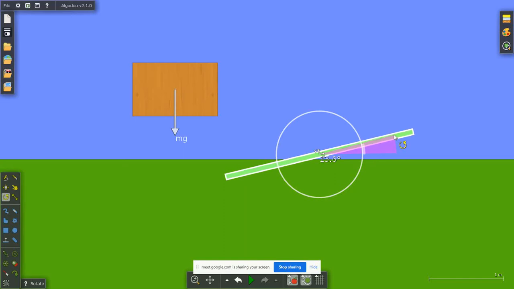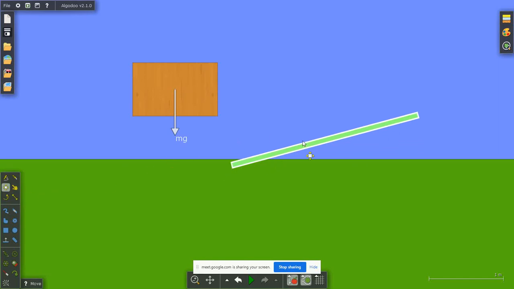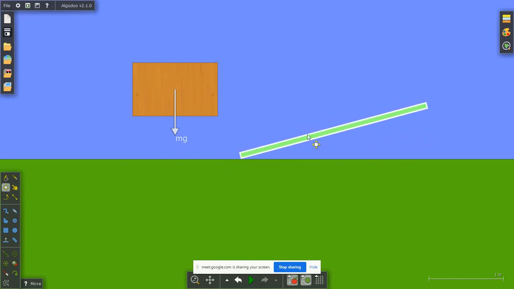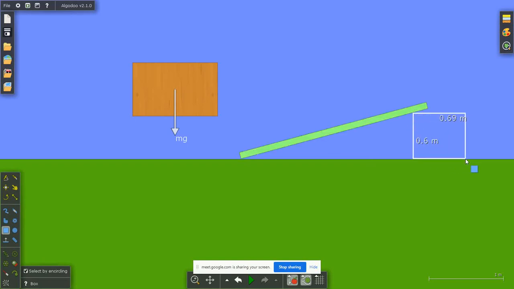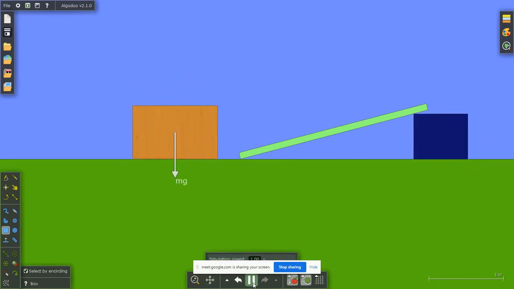Let me keep it at this rotation. I will change it to 12, 13, 14, 15 degrees. I'll keep it here, and this thing has to be supportive or else it will break here. So I will keep one box because gravity will be played here. Now if I play the animation, it will fall.